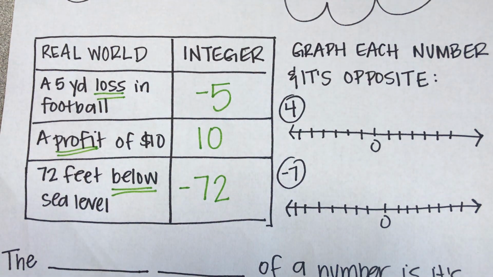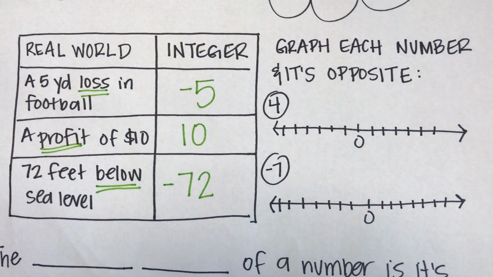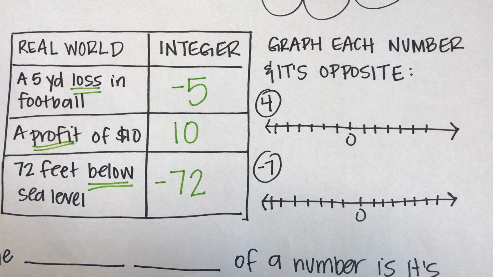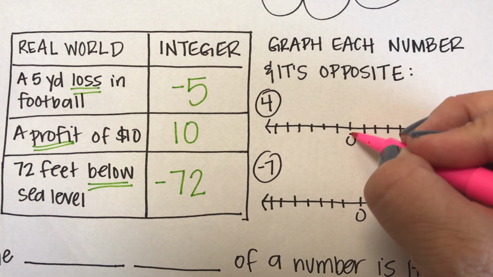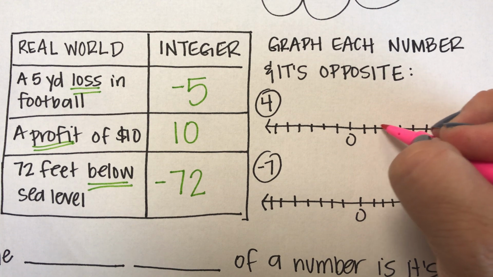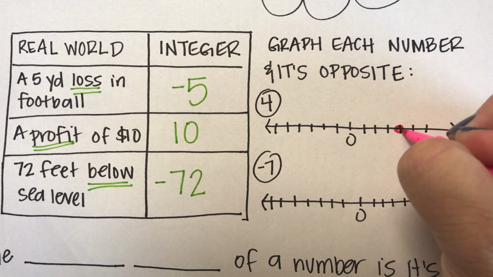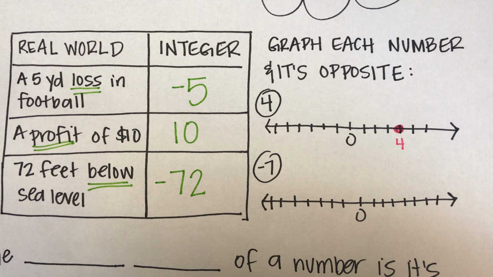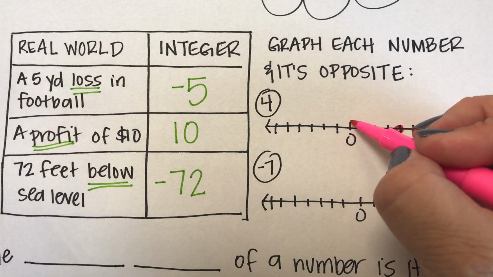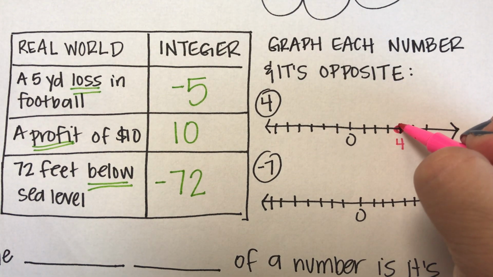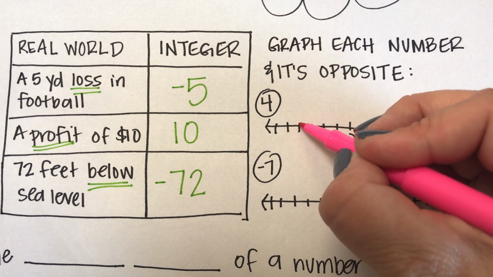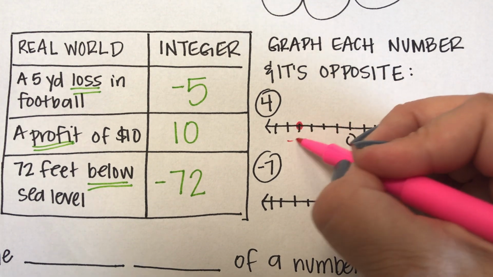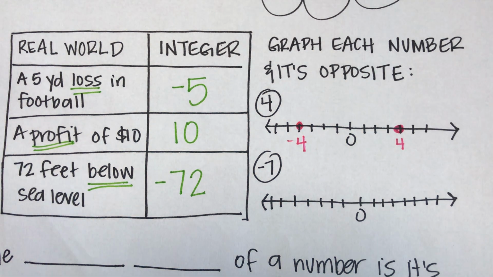So what we're going to do next over here, it says graph each number and its opposite. Okay, so if I asked you to graph the number 4, this is 0. Here's 1, 2, 3, 4. So what would be opposite of 4? If this is 4 spaces in a positive direction, we could go 1, 2, 3, 4 in a negative direction, and -4 would be its opposite.